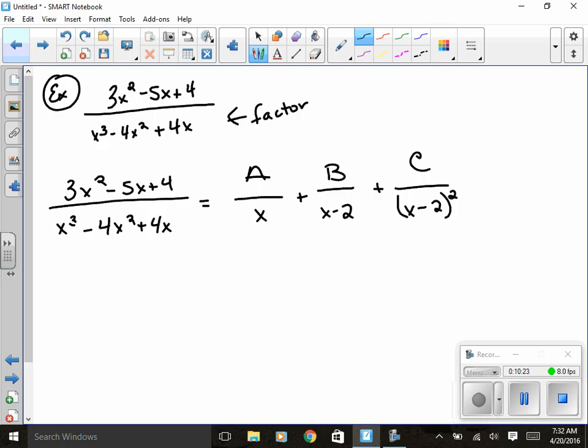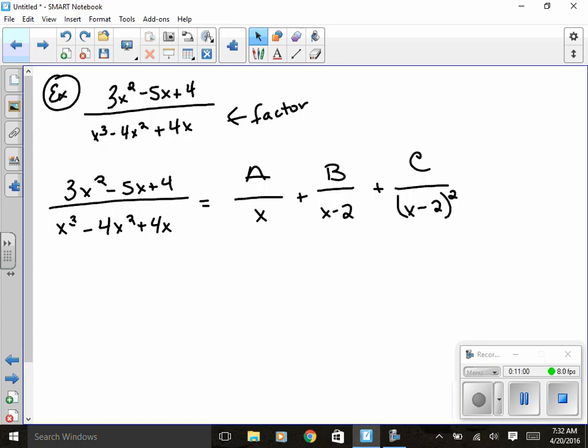The reason why we have it technically, it's an x cubed and this shows with the partial fractions an x to the fourth, is because when you factor the denominator, it can be written as x times x squared minus 4x plus 4, or it can be written as x times x minus 2 squared. So because there's that difference, you have a factor of x minus 2, so you need to include that in both of them, and that's where that b comes from.